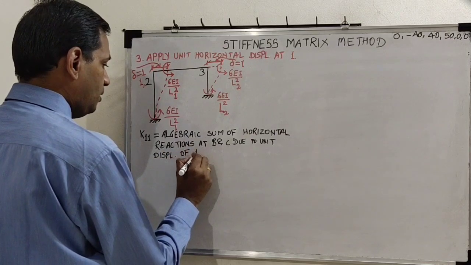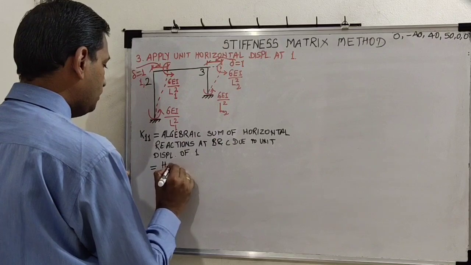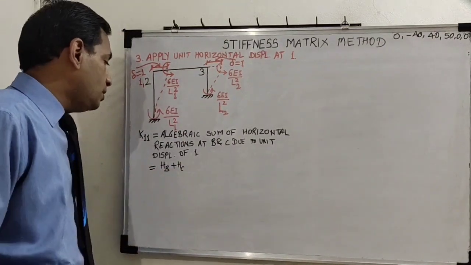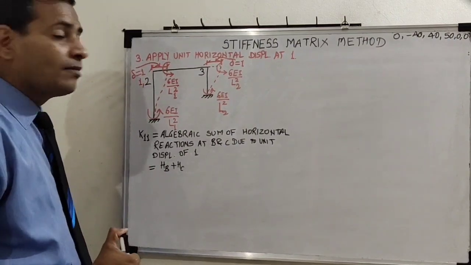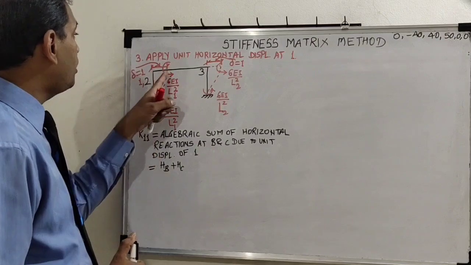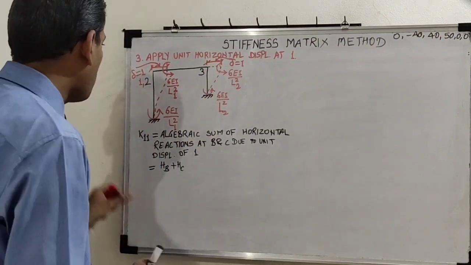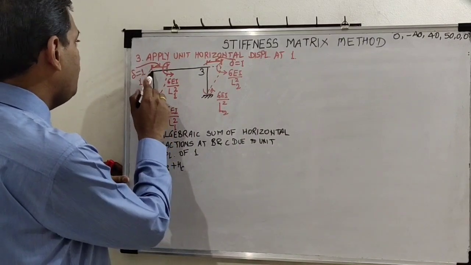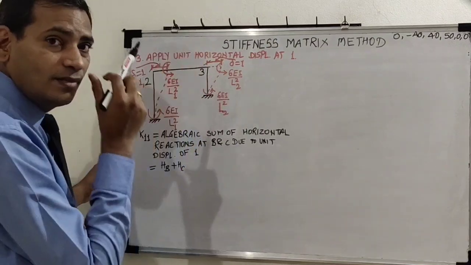So these are HB and HC. We will have to find HB and HC because of sway. Because of sway, there are moments induced in the columns. So go for finding out horizontal reactions on B and C. Why? Because delta is on both the locations.